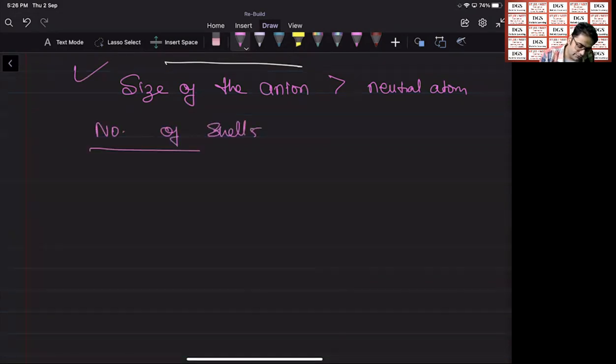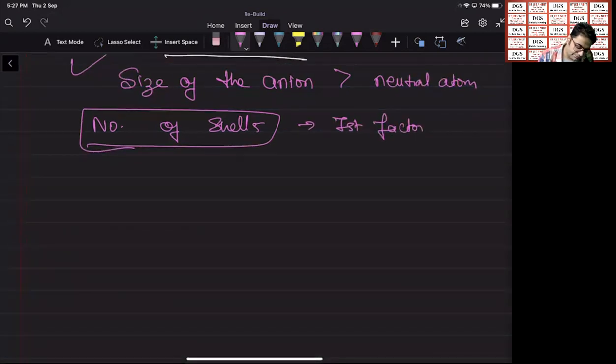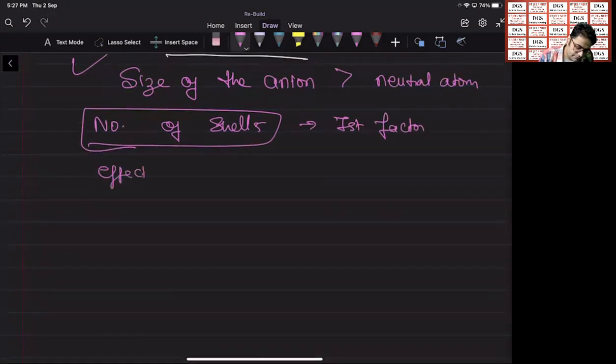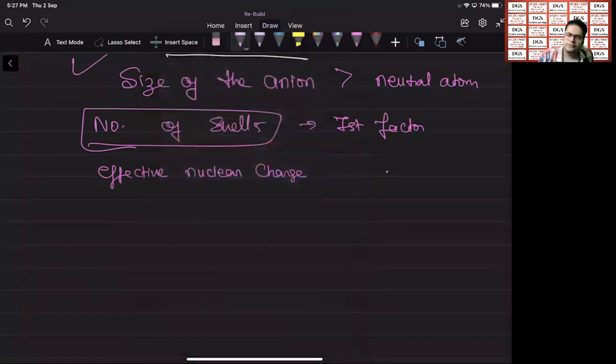The first factor is the number of shells, and then the effective nuclear charge. What do you mean by this effective nuclear charge? In one of my videos on this channel, I was talking about Slater's rule, effective nuclear charge. It's pretty easy to understand.